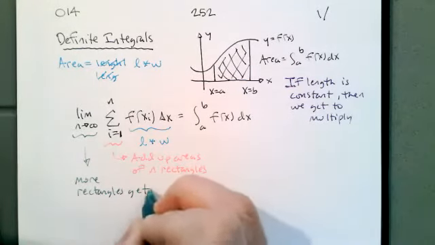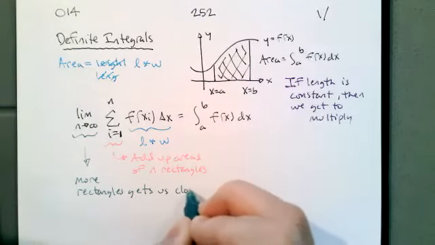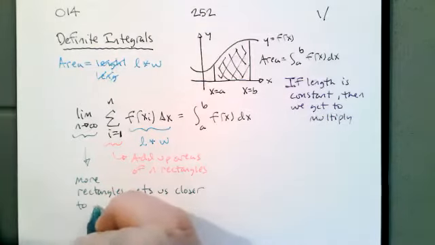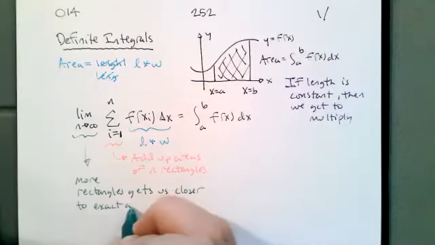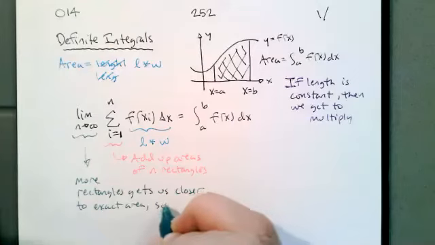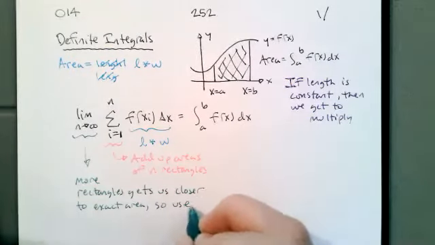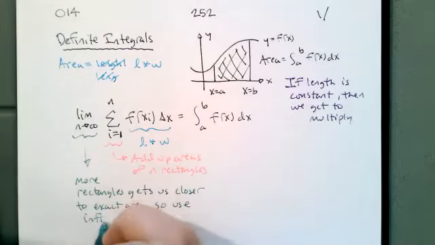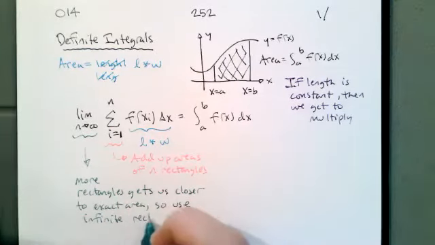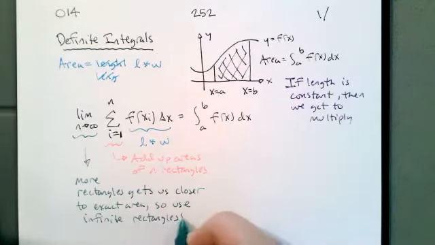More rectangles gets us closer to exact area. So use as many rectangles as possible. And that's the calculus way.